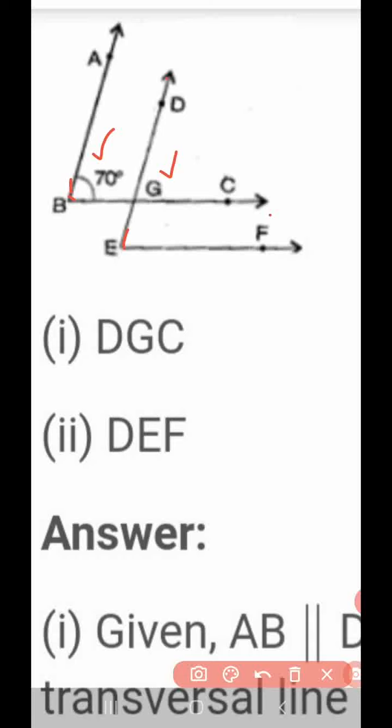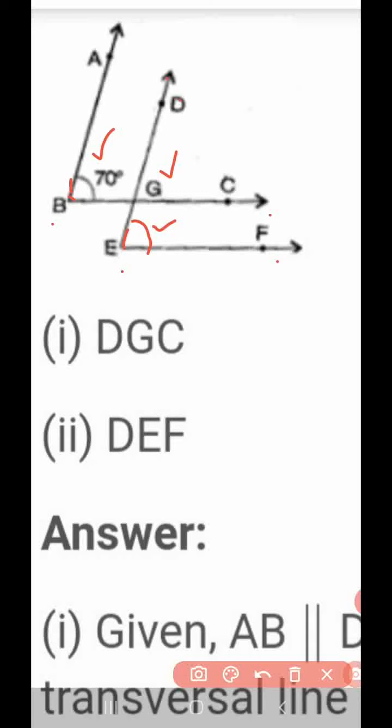Now you see, we need the angle DEF. What is the value of this angle? Again, you see BC and EF are also parallel, and this DE is the transversal. Therefore, this angle and these angles are also equal.